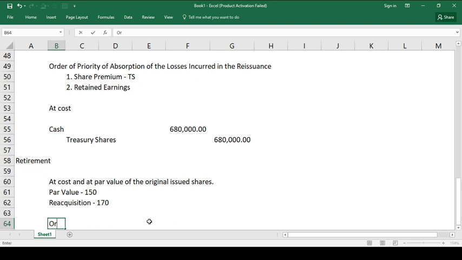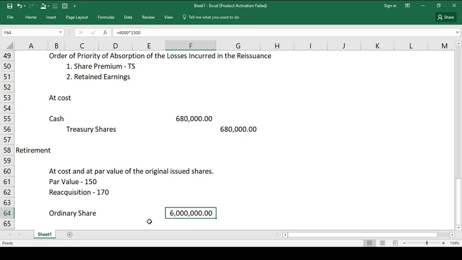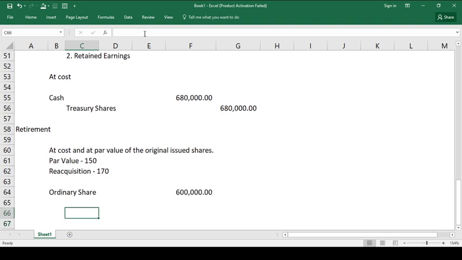In this case, that is ordinary shares. Upon retirement, once we retire the treasury shares, we also retire the shares originally issued. So the ordinary shares was 4,000 and its par value is 150, so that is amounting to 600,000 pesos. And then there is reacquisition na value na 170.